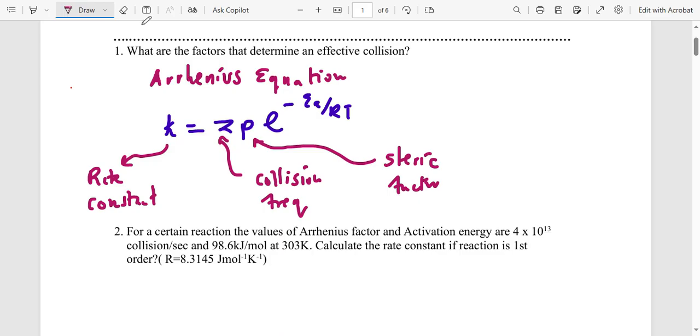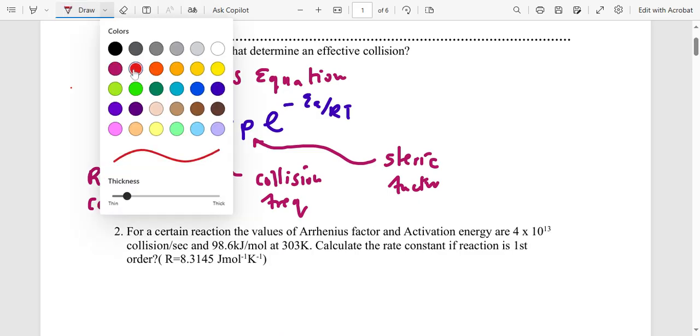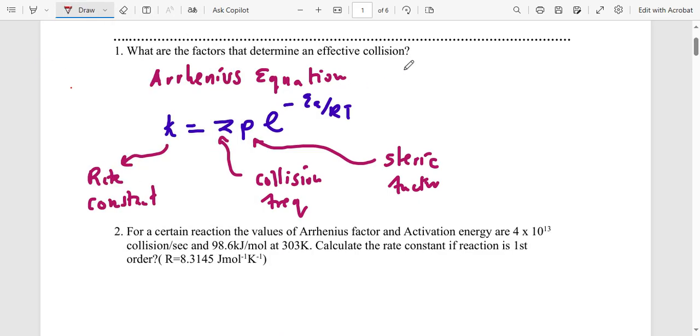When you check on top, we have this Ea, which is known as activation energy. And then we also have temperature T and the universal gas constant R.